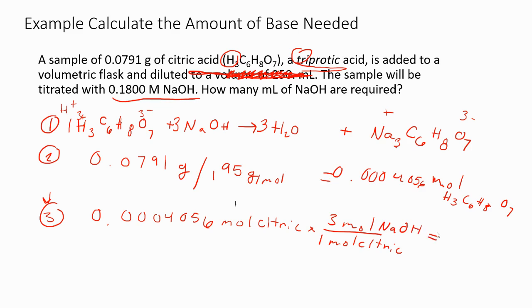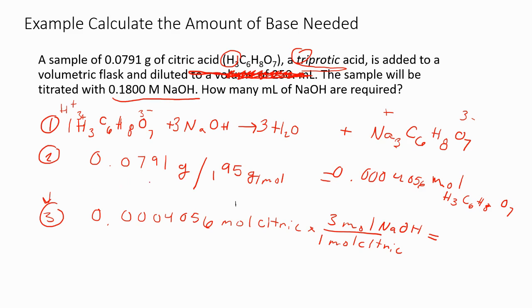Does that make sense? The other way you could do this is you could just be like, oh, well, I have 3 H pluses, so I'm going to need 3 hydroxide. So you could just say if you have a triprotic acid, you need to multiply your moles of acid by 3. If it's a diprotic acid, multiply by 2. If it's a monoprotic acid, there's only 1 hydrogen at the beginning, just multiply by 1. So that would be your shortcut, and then you don't have to balance the equation.